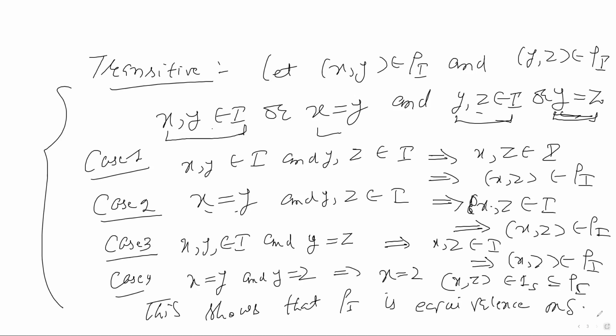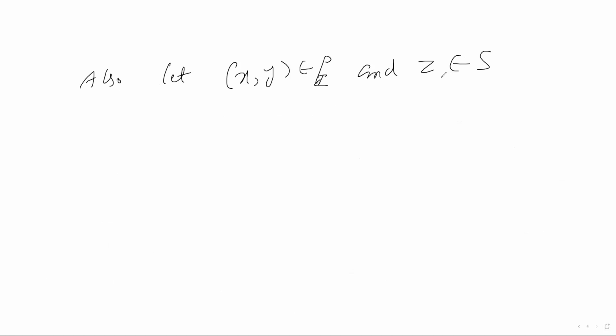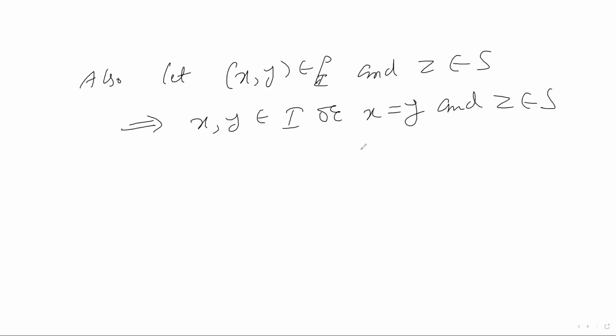Now it should be compatible also. So let x comma y belong to rho I and say some z belongs to S. So this means x comma y belong to I, or x is equal to y, and z belongs to S. Now see here, I is an ideal.